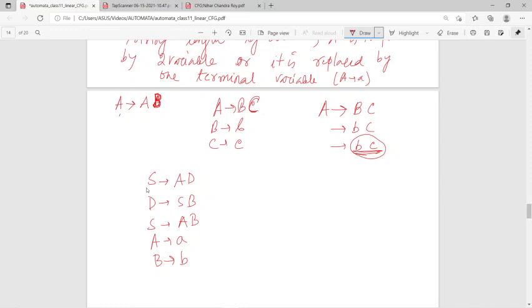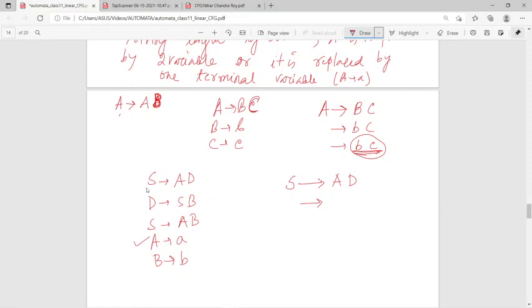So the thing is that, from S to AD, then in every step either the length will be incremented, or it would be replaced by two variables, or it would be replaced by a terminal.